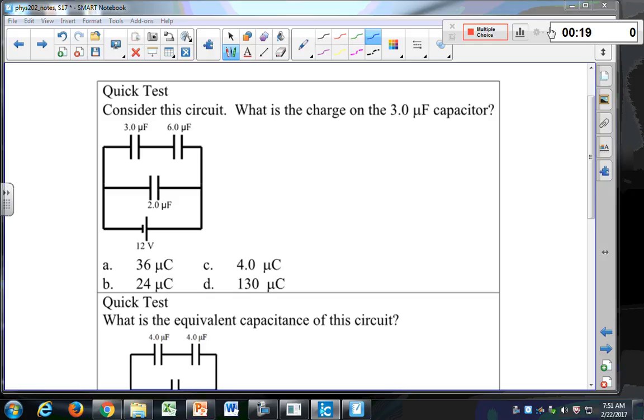And once you find the voltage, the charge is C times V. That's the charge. If you finish that one, go on and do the equivalent on the next one.